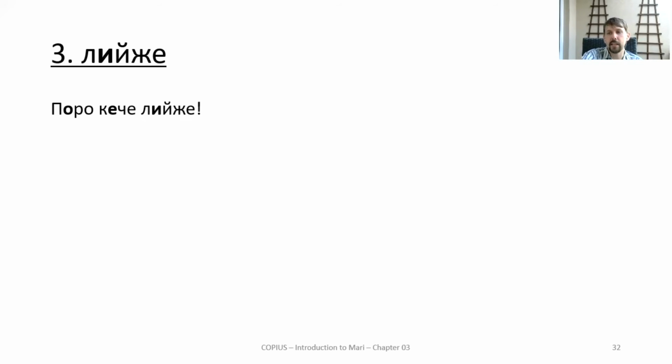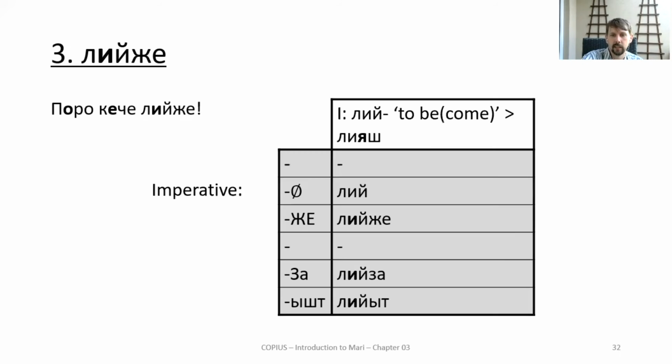We meet the form lige, which is basically may be. So Paul Kitche is a good day, and Paul Kitche lige is, if I want to say, hey, good day, it's literally, may it be a good day. Much later we're going to meet the imperative in the third person, which, if you know Baltic Finnic languages, you'll know this.